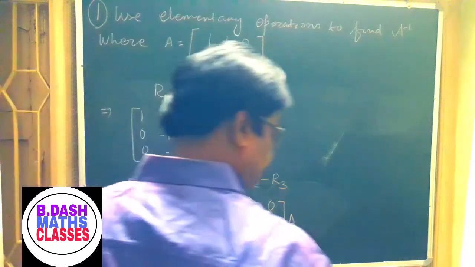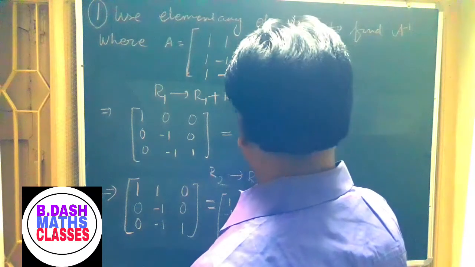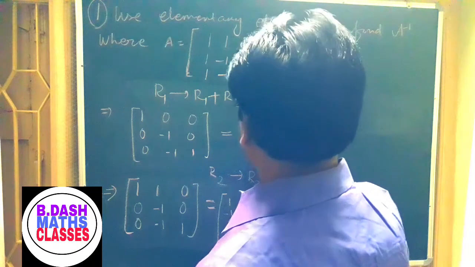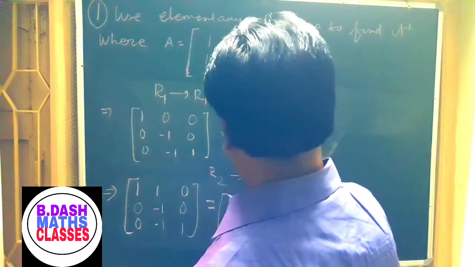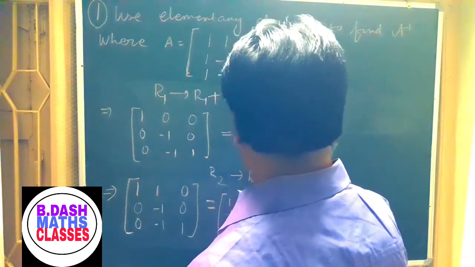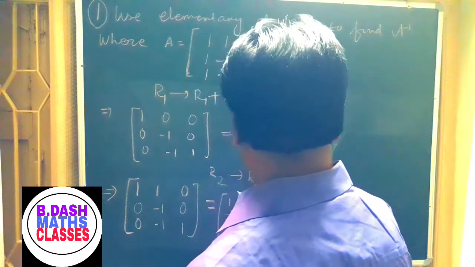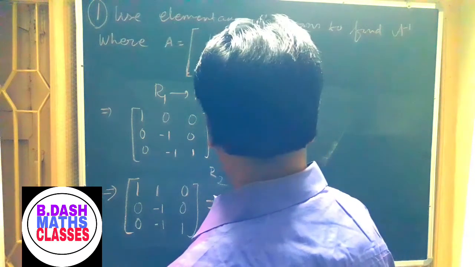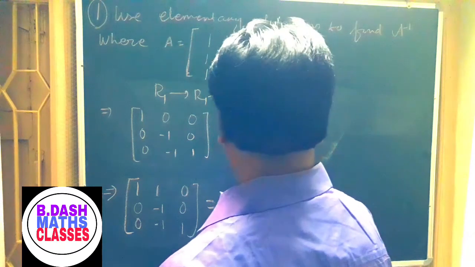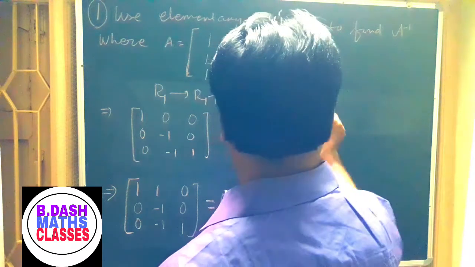On this side, row 1 will be replaced by row 1 plus row 2. So this will be minus 1 plus minus half, 1 plus half. This is 1, this is minus half. The last one will be minus half, 0, half. So we'll get this.